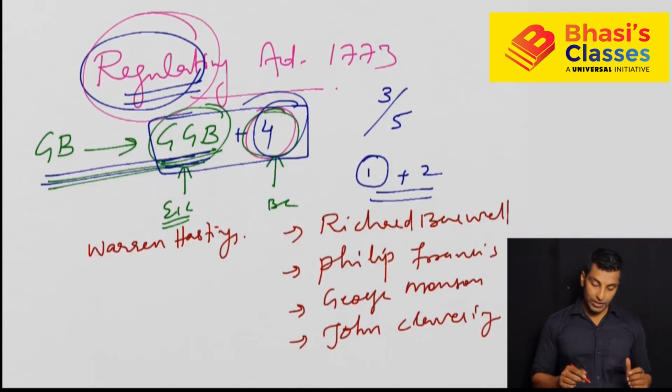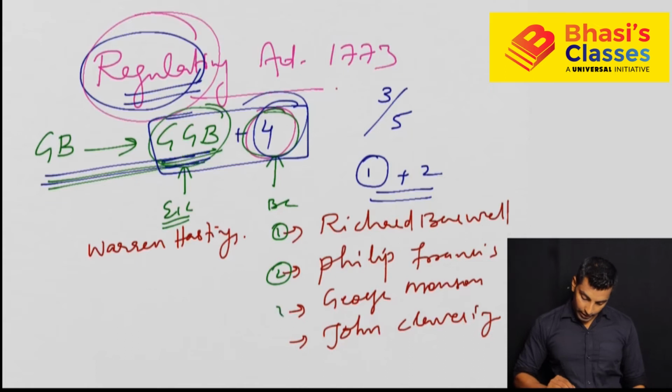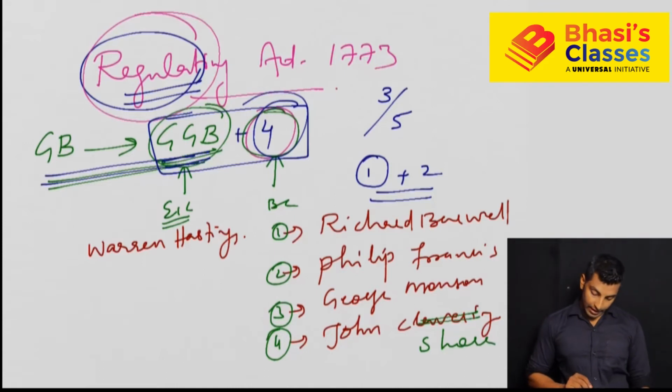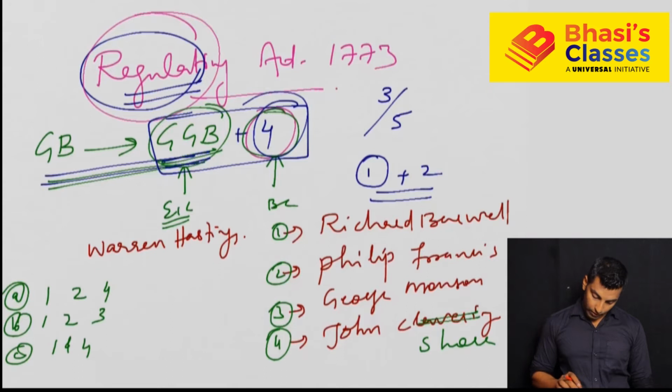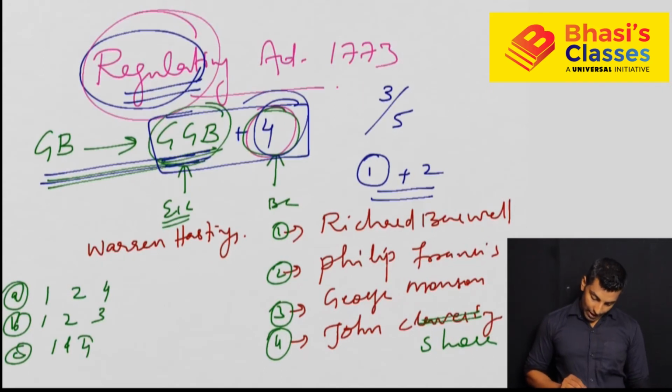If you get a question with options like 1, 2, 3, and instead of John Clavering, I may write John Shore, and I give you options like: answer option A says 1, 2, 4, B says 1, 2, 3, C says 1 and 4, or 1 and 2, D says all of the above.